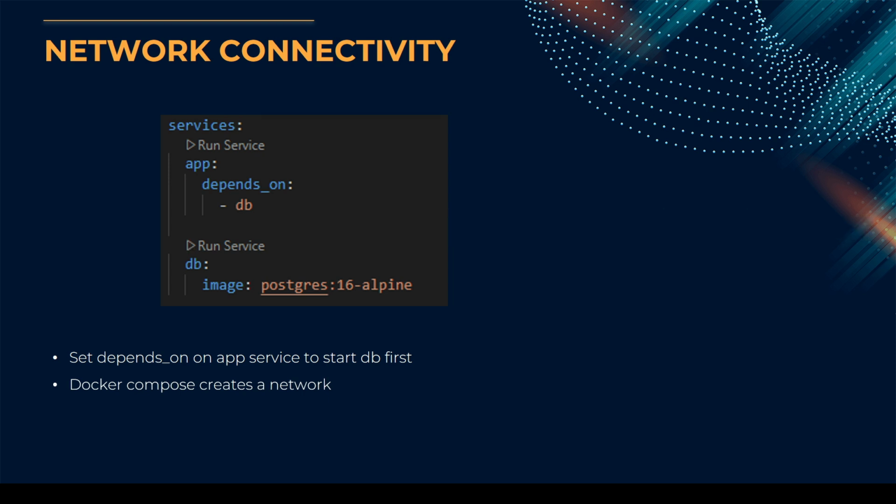This means the app service can use DB as the hostname to connect to the database, since it's the name of the service running the database container. In Docker Compose, you can simply use the service name as the host name when connecting between services. It will all make more sense once we set up and configure the database later in the section when we talk about volumes.